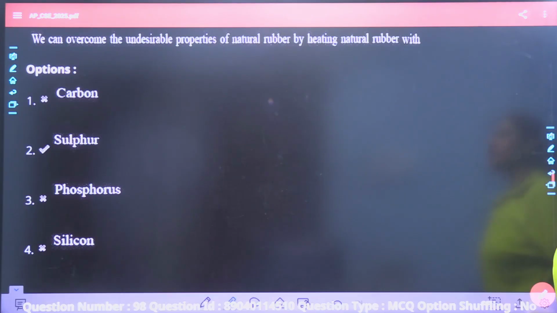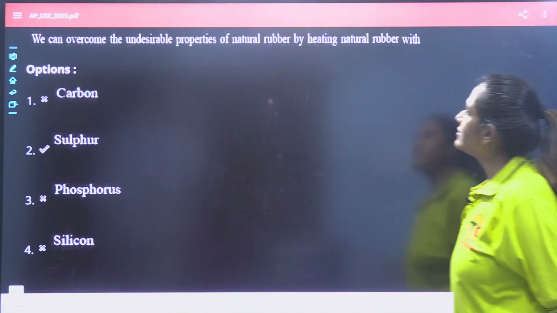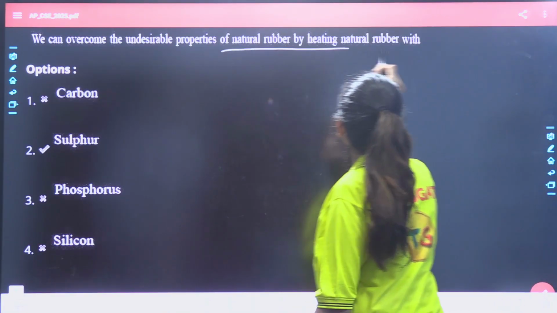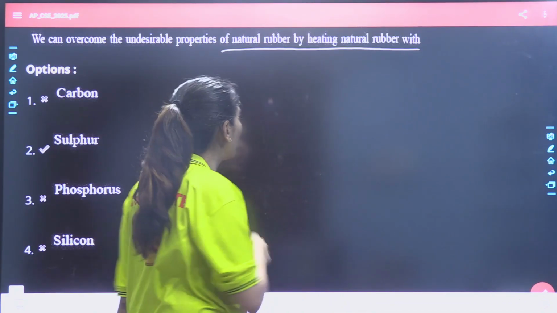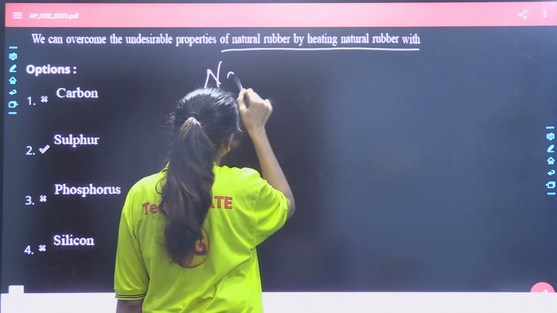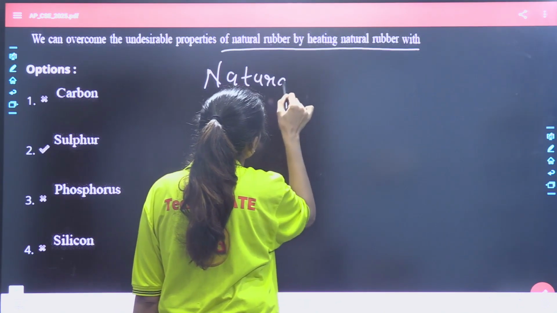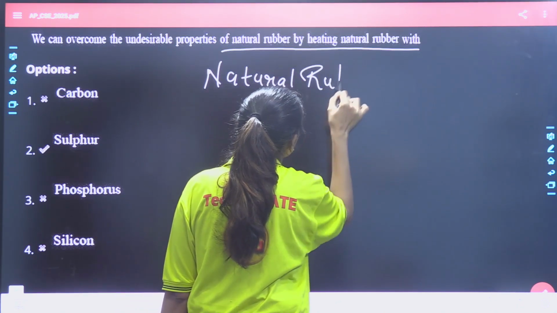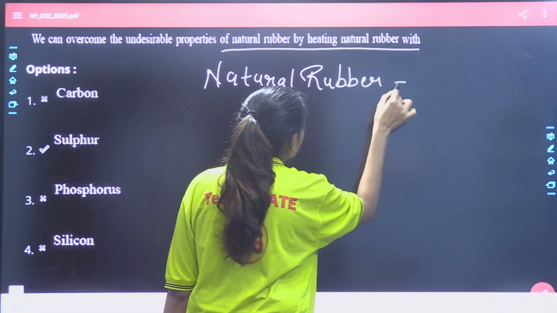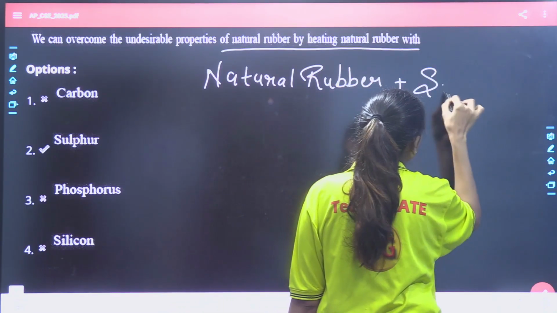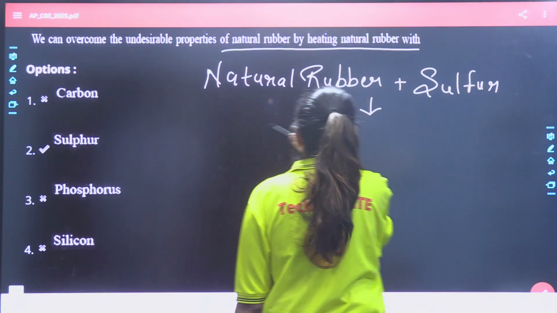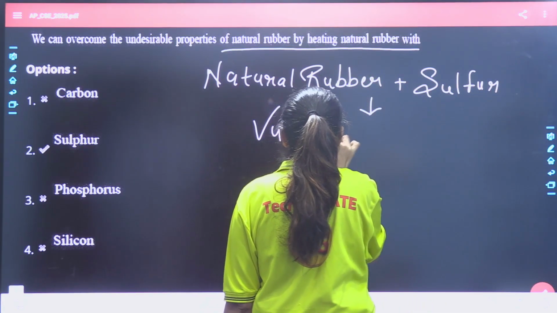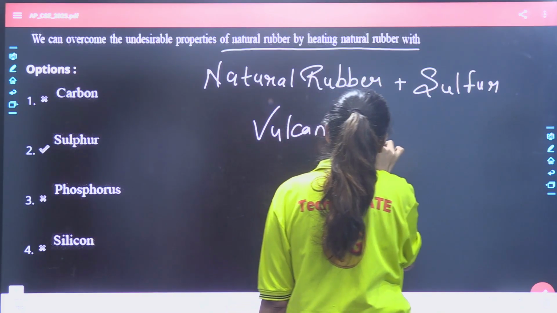We can overcome the undesirable properties of natural rubber by heating natural rubber with what? Sulfur. We heat natural rubber with sulfur, and this process is known as the vulcanization process. This is known as vulcanization of rubber.